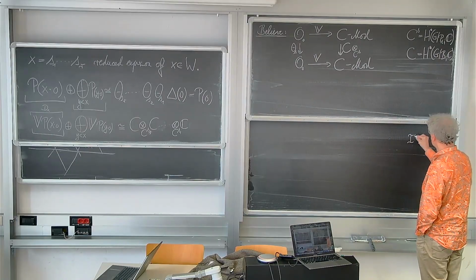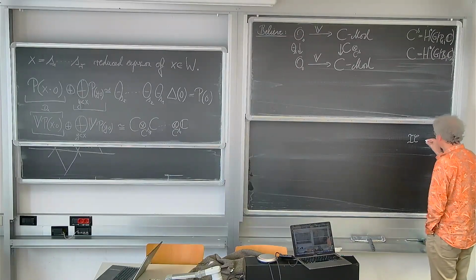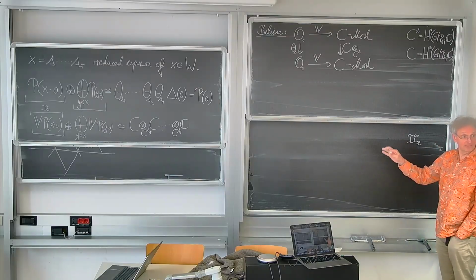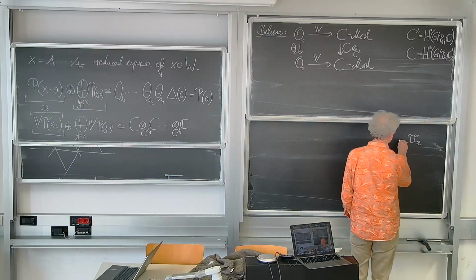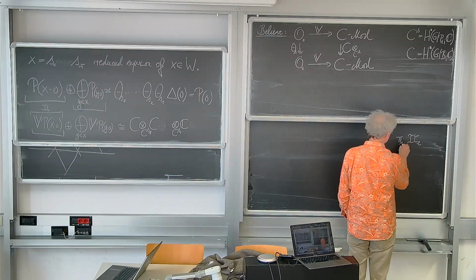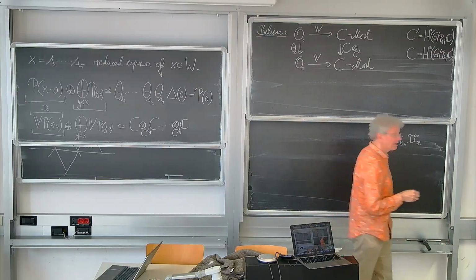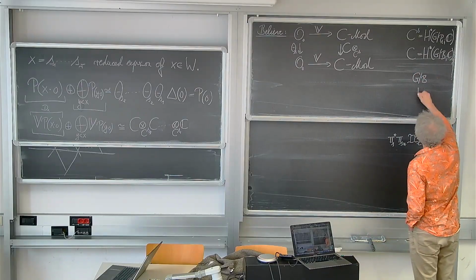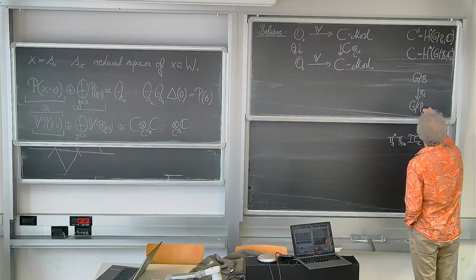We would take the IC complex of the one-point cell, which is a skyscraper sitting on the one-point cell. And then we would push it down to a partial flag variety and pull it back up again. And here we have G mod B, which projects to G mod P_S.